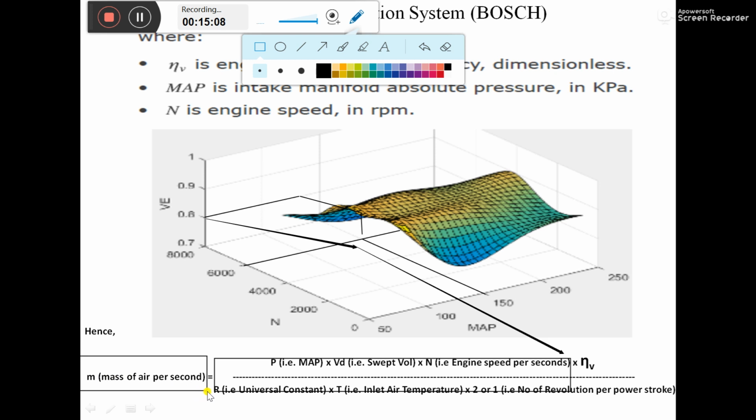Whenever you get the actual mass of air, you are supposed to determine what quantity of fuel needs to be injected. For example, right now you come to know you have 15 kg per second of mass inducted into the system. This is the actual quantity: m dot a equals 15 kg per second.